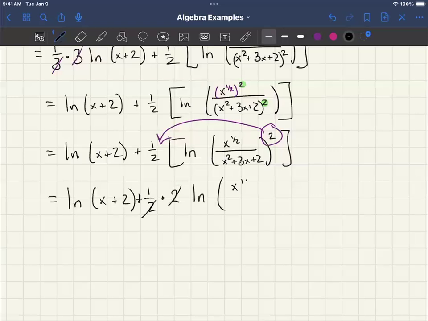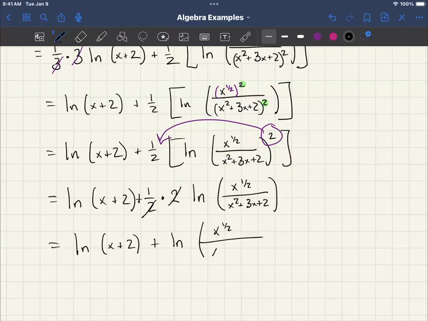x to the 1/2 over x squared plus 3x plus 2. Okay, and I'll write it one more time to clean this up just a little bit so we can see exactly what's going on here. x to the 1/2 over x squared plus 3x plus 2. So pretty.